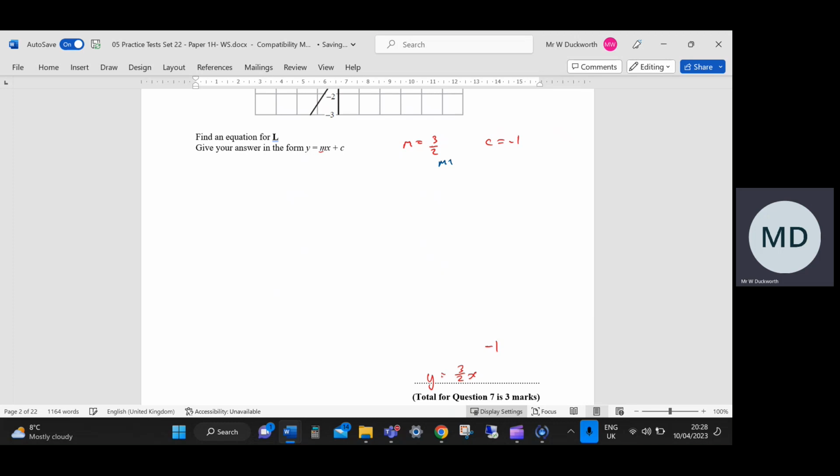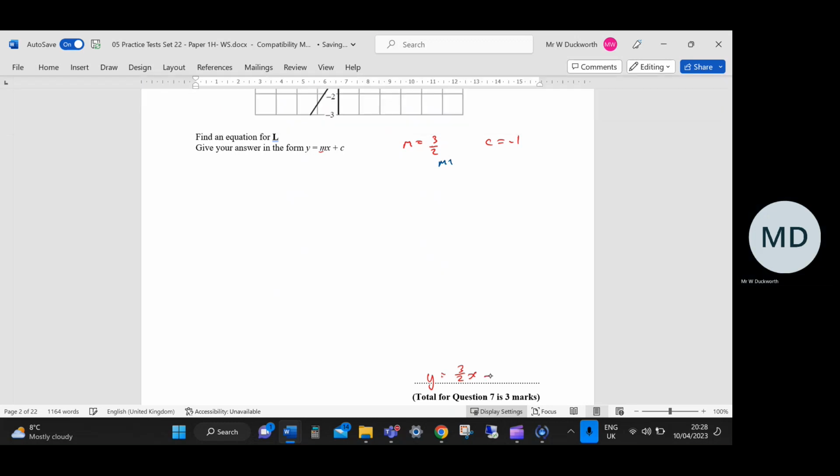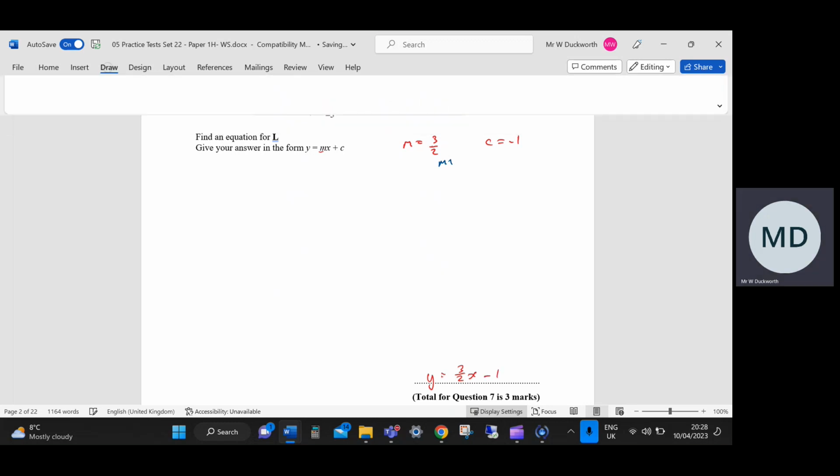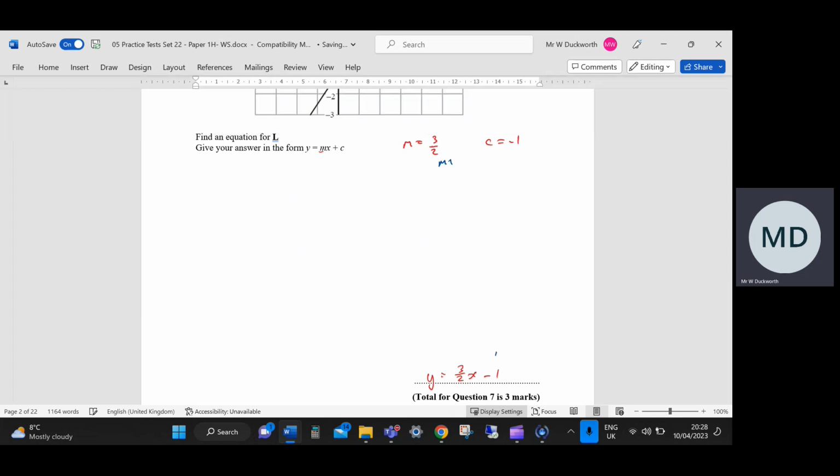And actually, let me just see if I can move that back down. But we did have a -1 before I moved the page. Right, so we will award M1 for in the correct form and then A1. Okay, and then we'll move on to question 8.